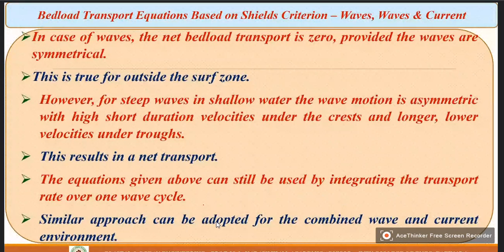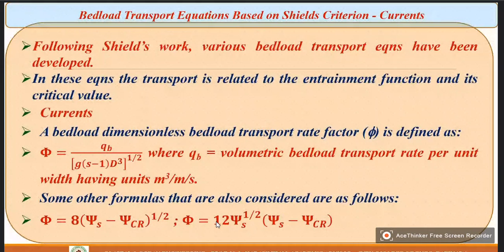So this is what I have been telling. If it is wave, then use the value of shear stress due to wave. If it is wave and current, use the same equations, only in the expression for psi you use the appropriate shear stress.